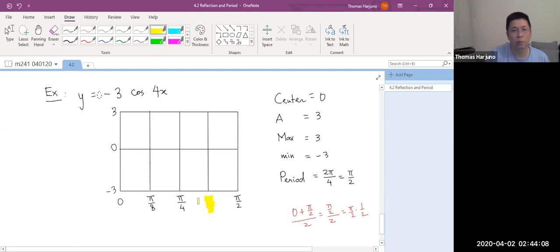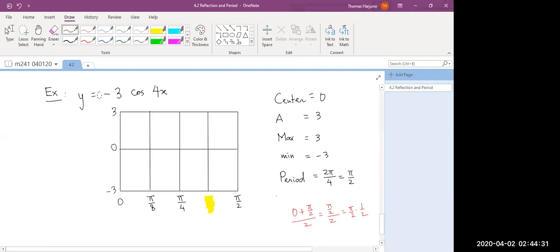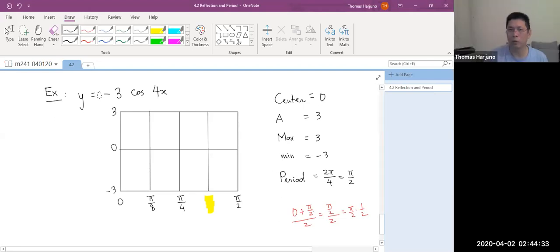That's the midpoint between pi over 4 and pi over 2. Two pi over 8? No, I don't think so. Let me do the scratch work here.